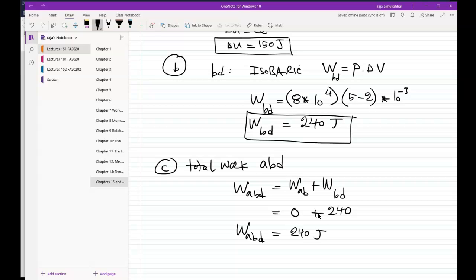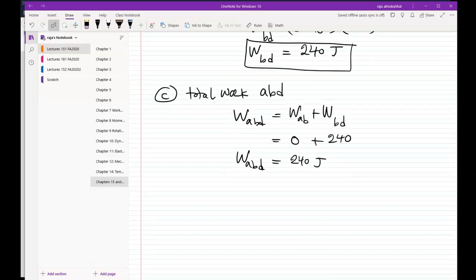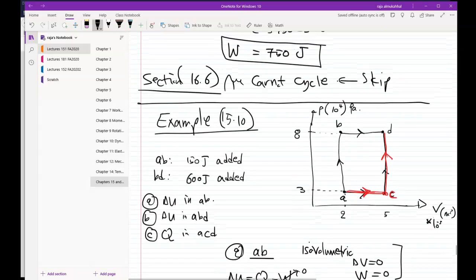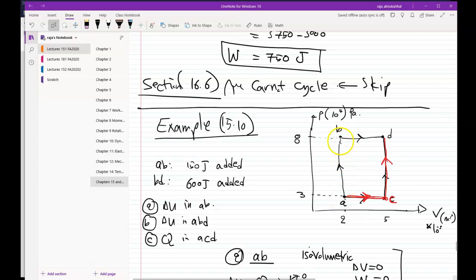Okay, so what is the total heat now? I'm talking about ABD. The total heat is basically the heat from A to B plus the heat from B to D. Well, we already got them right there. You just add them up together.